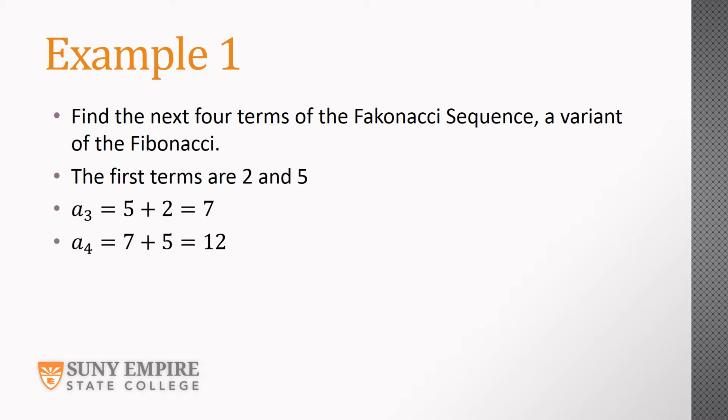The fourth term is the total of the previous two. We add 7 plus 5 and get a fourth term of 12. We add 12 plus 7 to find that a sub 5 is 19. The sixth term is the sum of 19 and 12, 31.